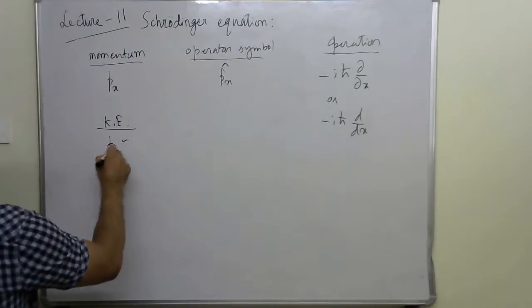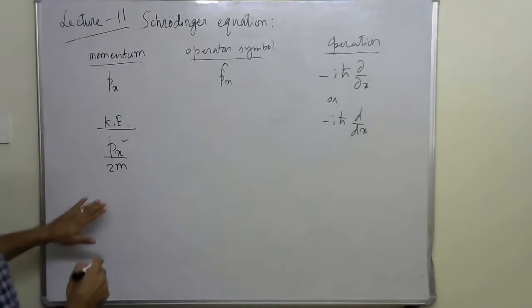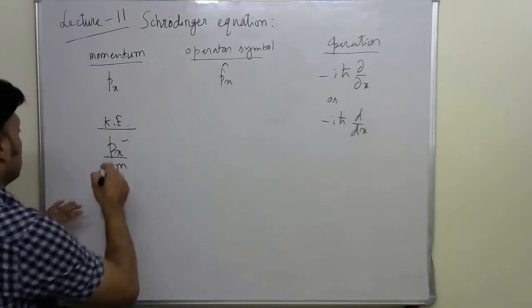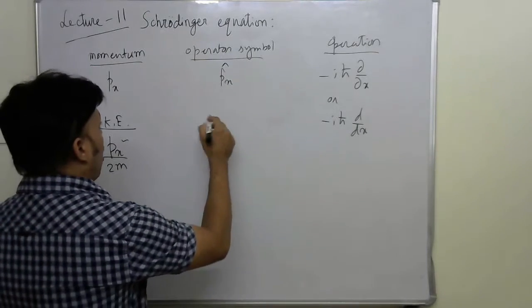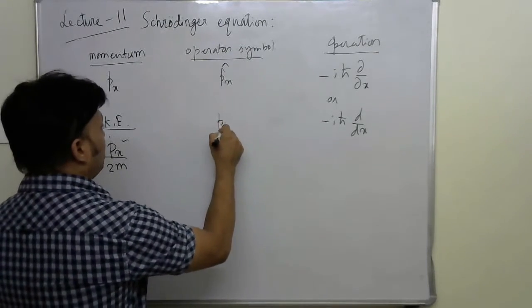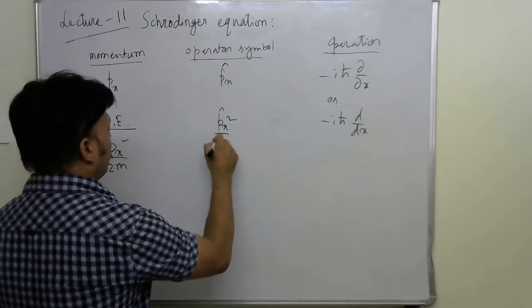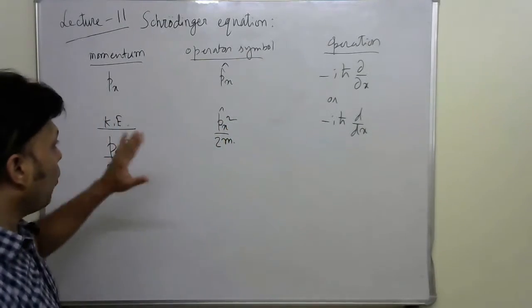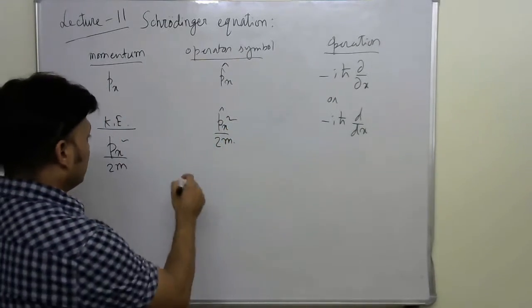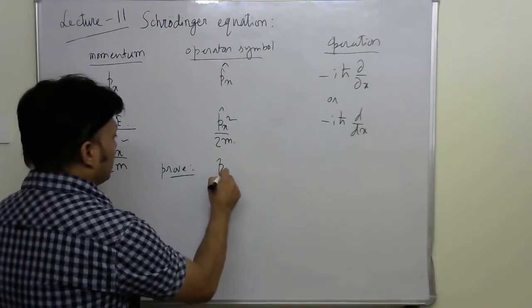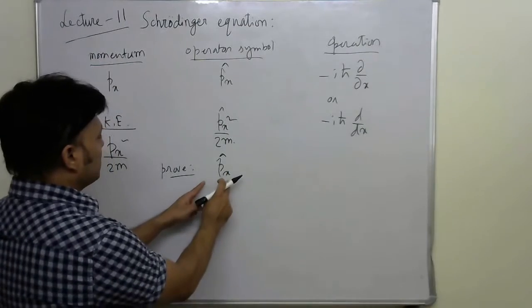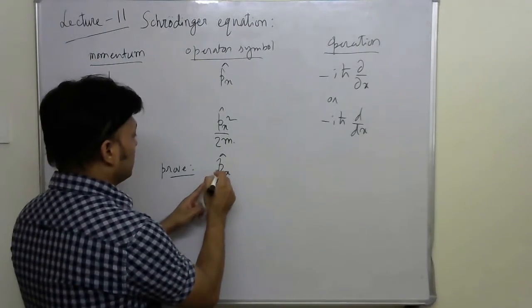It is represented as px squared by 2m. This is the kinetic energy expression, the quantity in classical physics, px squared by 2m. Now the operator symbol would be px cap squared divided by 2m.